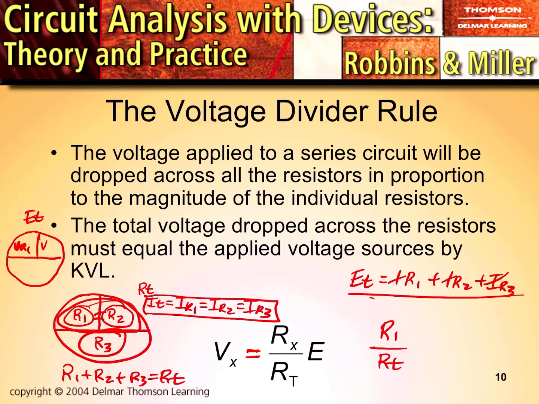VR1, VR2, and VR3 are going to have the same proportions. So it means we can make a voltage divider rule that says VR1 equals R1 over R total as a fraction multiplied by E total. And that's what we see here.